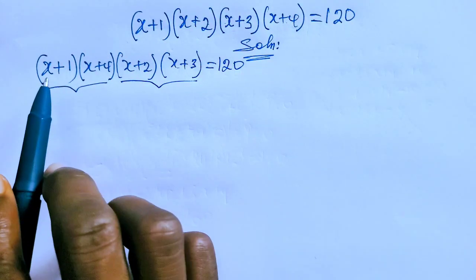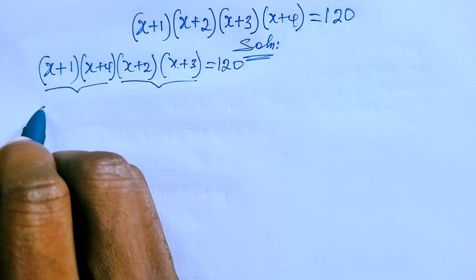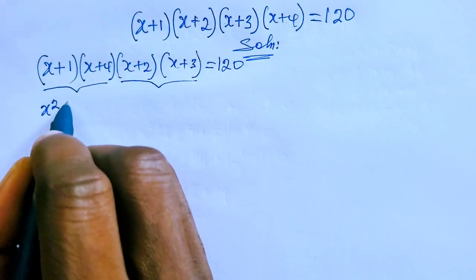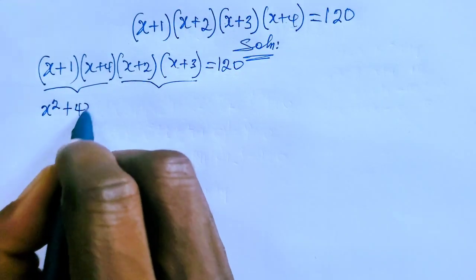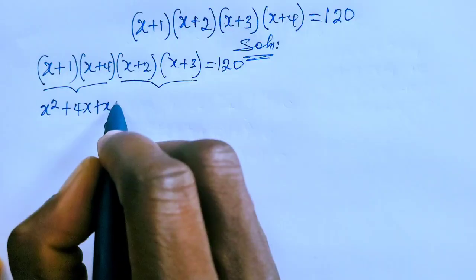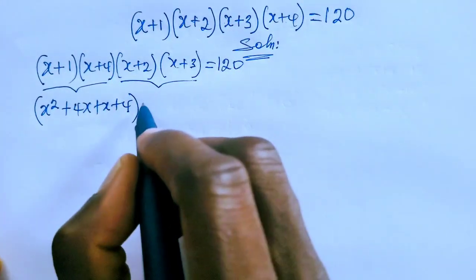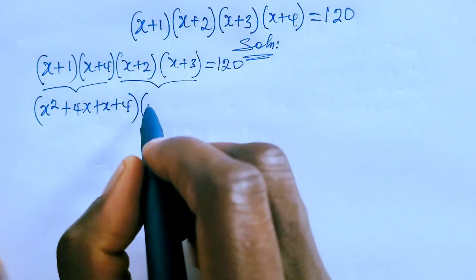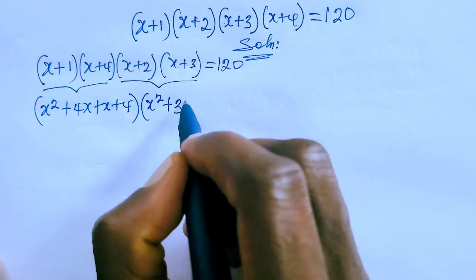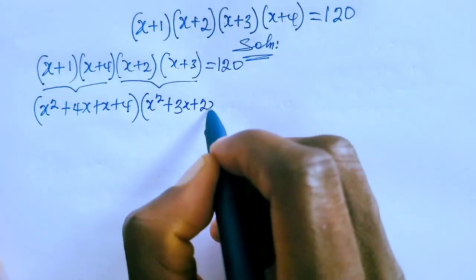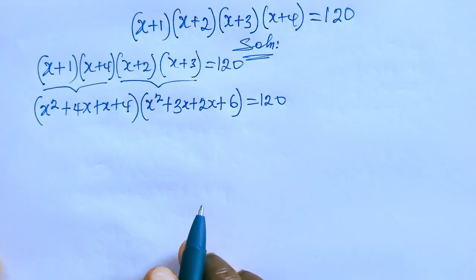Right here, you multiply this: I'm going to have x times x, that gives x squared, plus 4x plus x, then plus 4. And again, multiply this out, you're going to have x squared plus 3x plus 2x, then plus 6 equals 120.